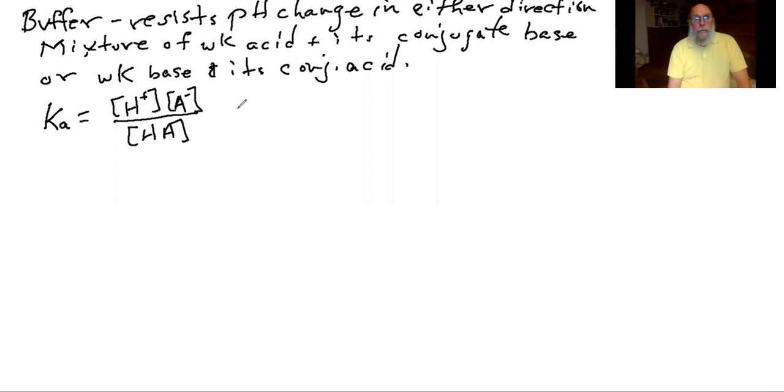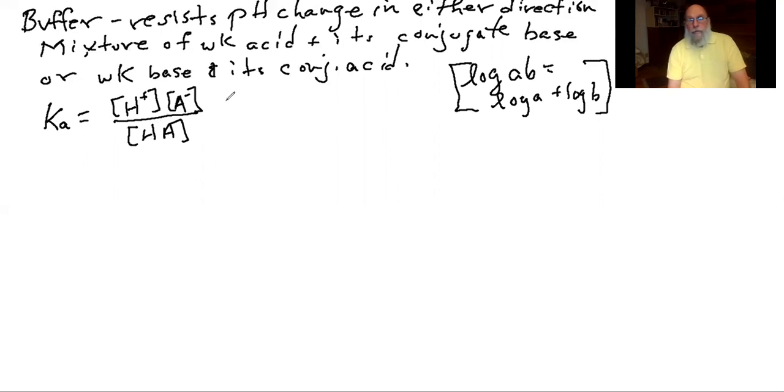Now, what we're going to do is take the log of both sides. And so, actually, let's put over here in a little side yard. Remember that the log of A times B is going to be equal to log A plus log B. Just remember those things back from your early days in general chemistry.